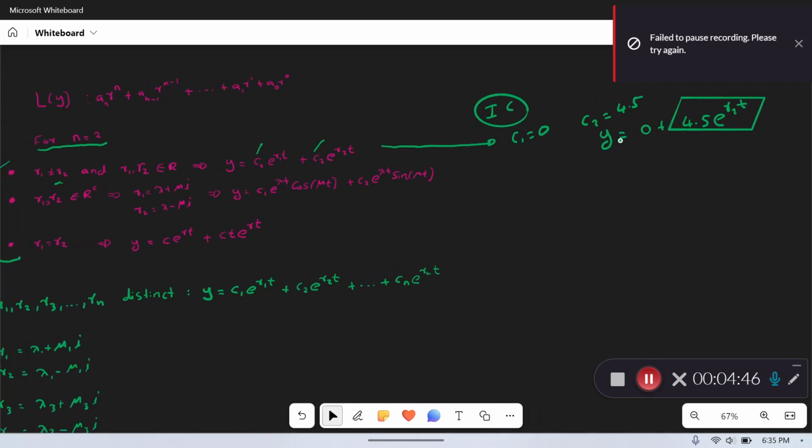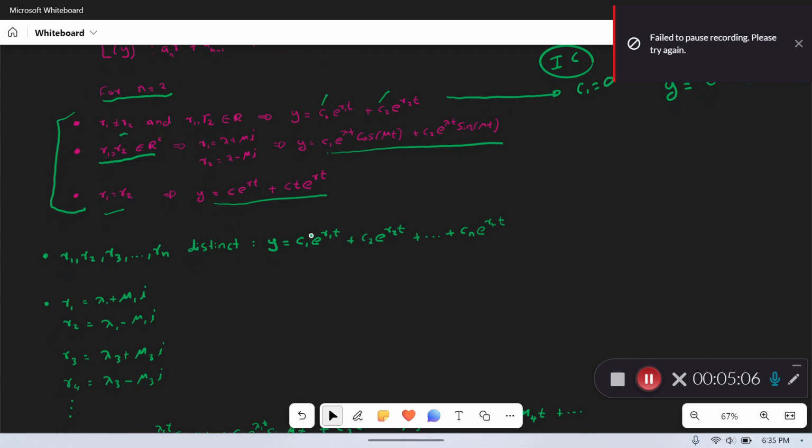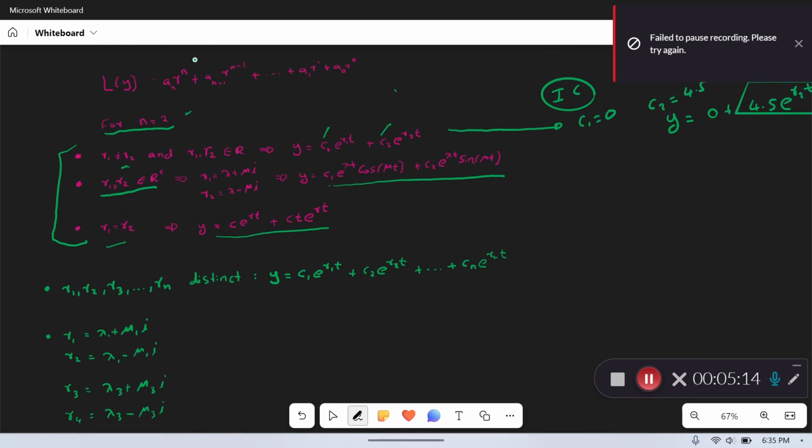Right. Now let's proceed. If we have complex roots, that is, not real numbers, we have this form. Those are the things that we learned before. And when you have equal roots, we have this. Now, the same format is followed even when you have n as the order of the polynomial. So if we are talking about an nth order differential equation or an nth degree polynomial, this is the differential equation and this is the polynomial that we are referring to.